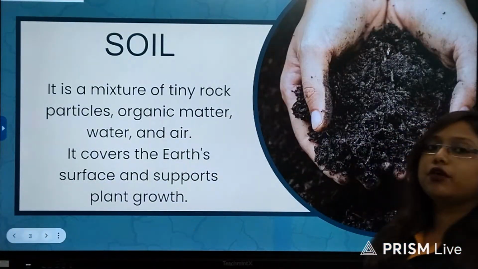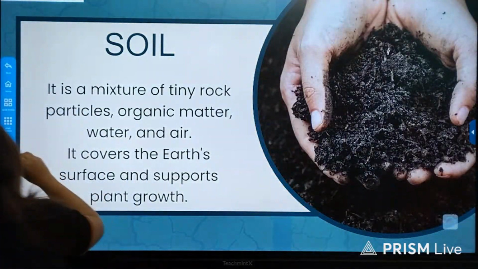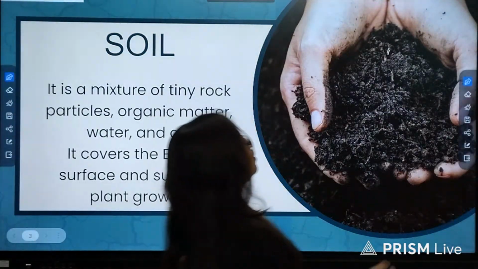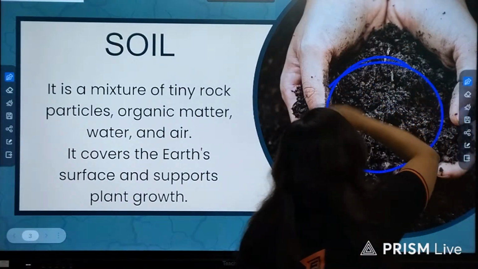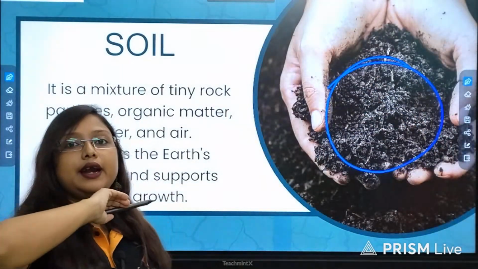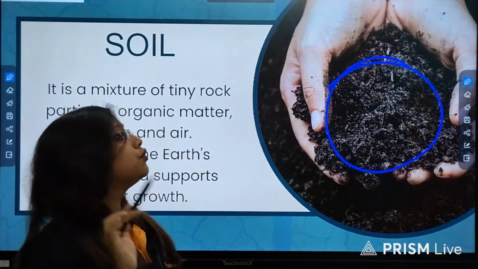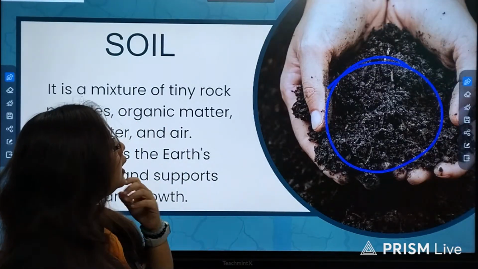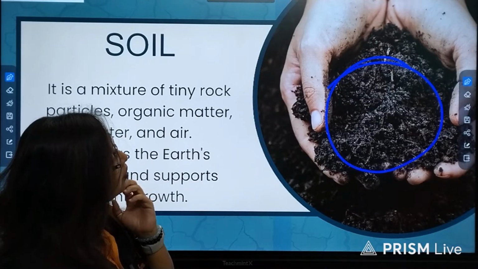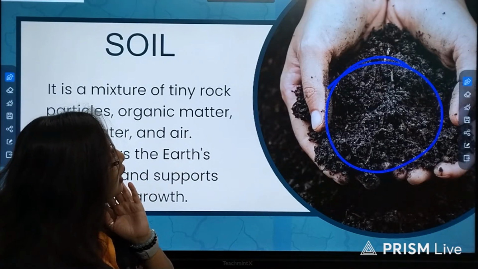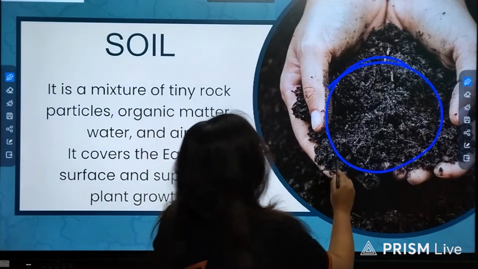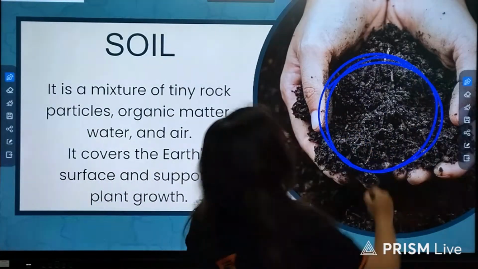So let's start with soil, right? Here you can see a person holding a particular substance in his or her hand. We can't identify whether the person is male or female, so right now we are taking it that he or she is holding something in hand, and it looks like something we already know.